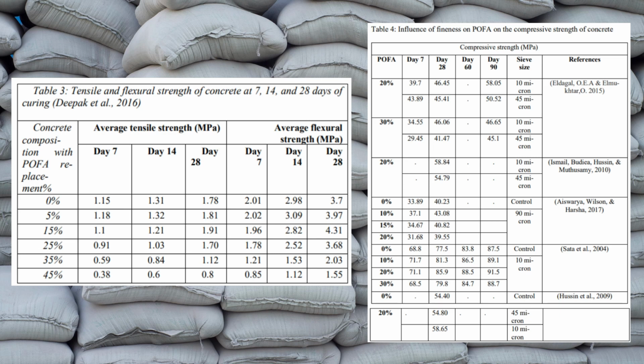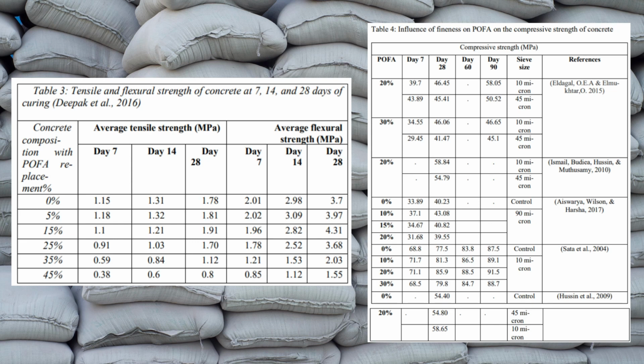And then it showed the highest average tensile strength at 25% of POFA used, and the average tensile strength is 0.91 at day 7, 1.03 at day 14, then 1.70 at day 28.